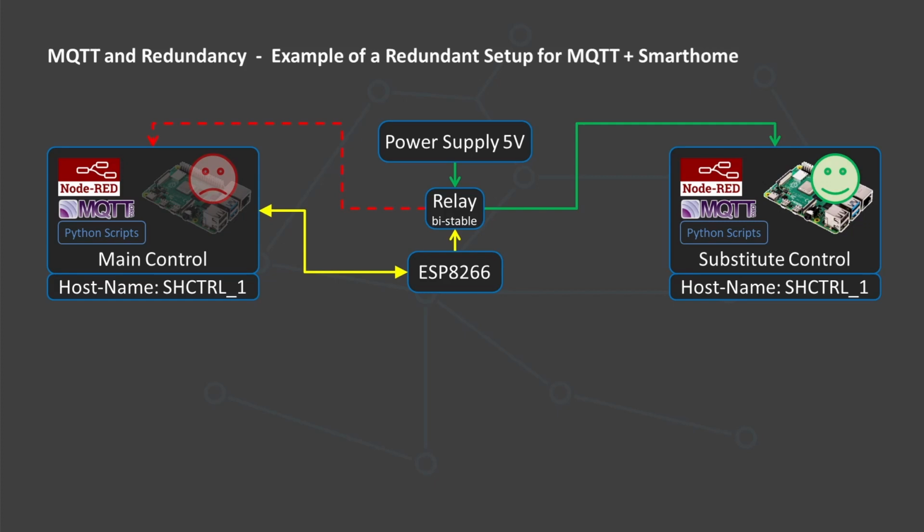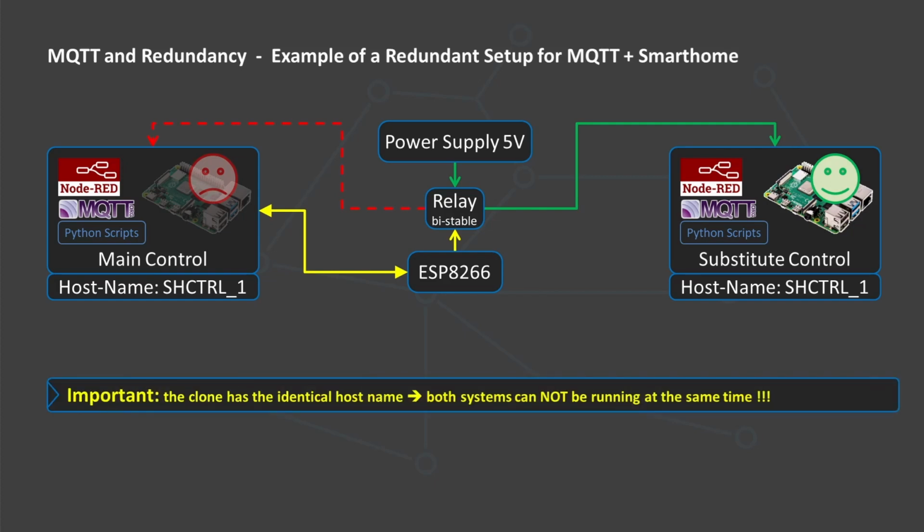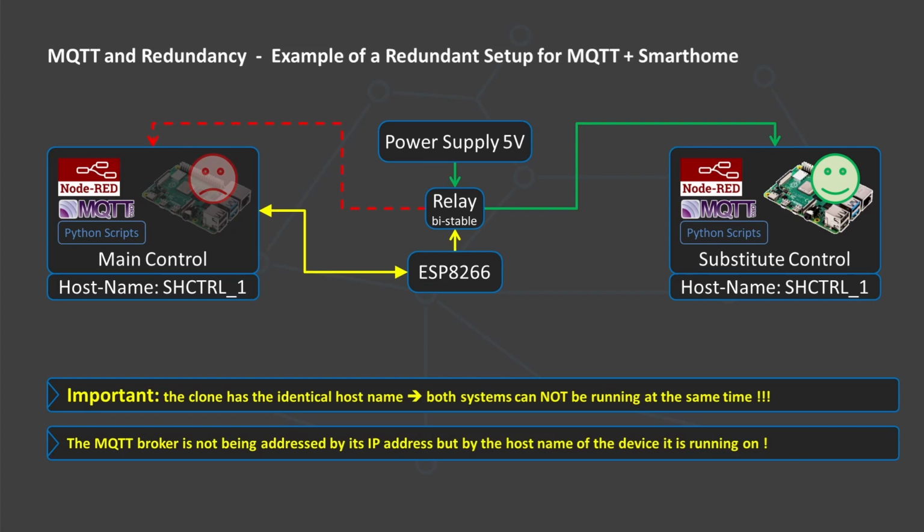The rest of the network sees only a short interruption, but after booting is finished, the entire system continues nearly unaffected. Important: both Raspberries must never be active at the same time, as this would otherwise cause conflicts in the router. The MQTT broker is not being addressed by its IP address, but by the host name of the device it is running on.